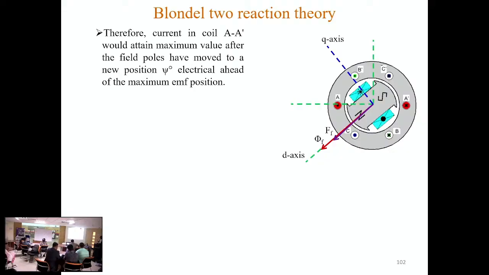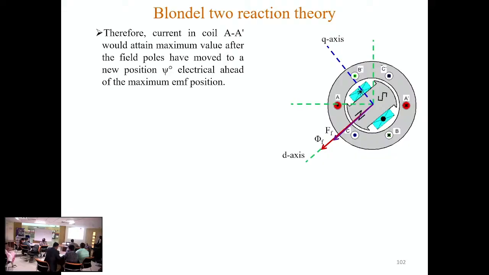EMF is maximum in the conductors exactly facing the north pole and south pole. The point is how many degrees it will travel so that the maximum EMF conductors will have their maximum current. That depends on the power factor angle. If it is a purely lagging inductive load, then after 90 degrees. If it is in between, that depends on the inductance value. Okay, so that is the point.